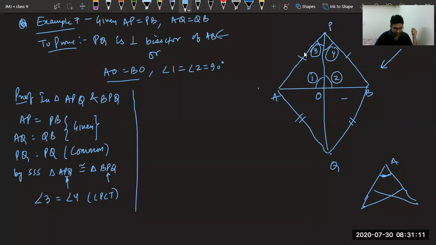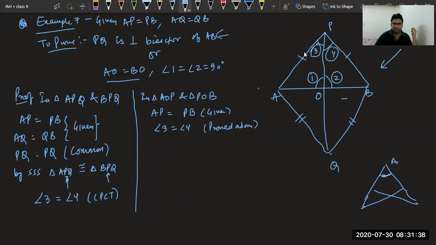So now we can take the smaller triangles. In triangle AOP and triangle POB, now we are ready. First thing, we all know AP is equal to PB. Second thing we have found, angle 3 is equal to angle 4. This was given, this we proved above.